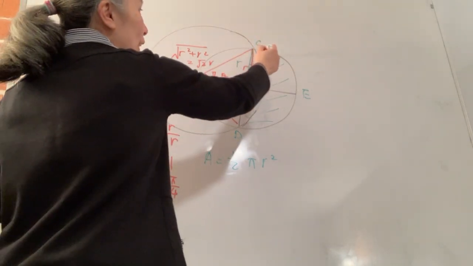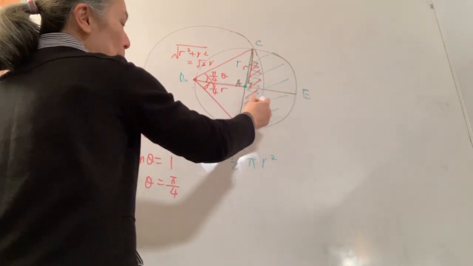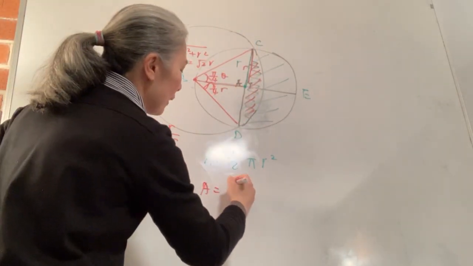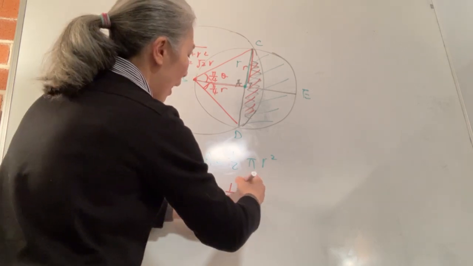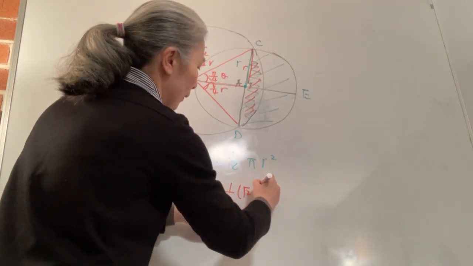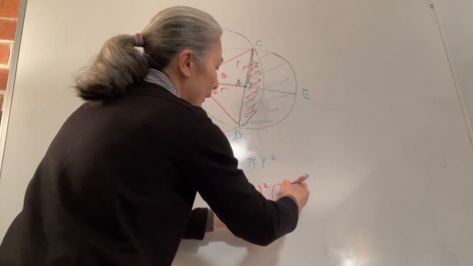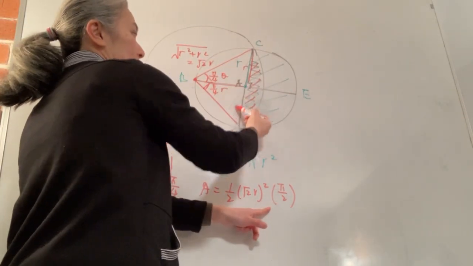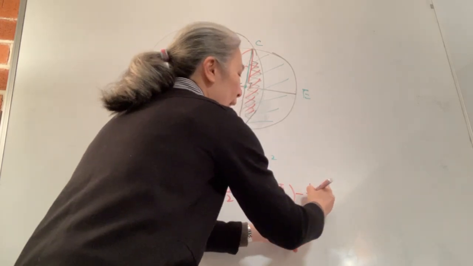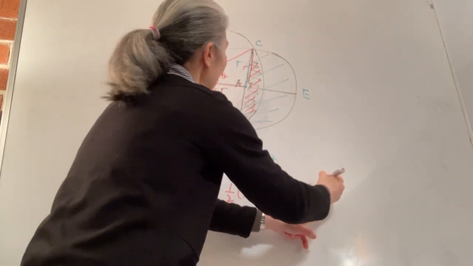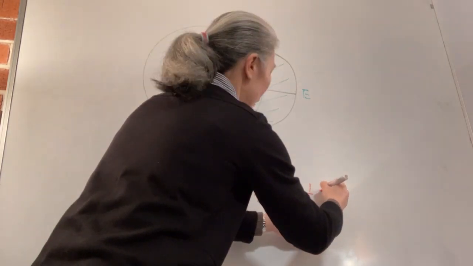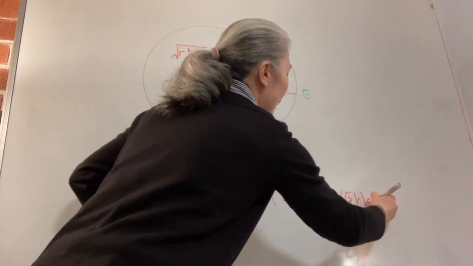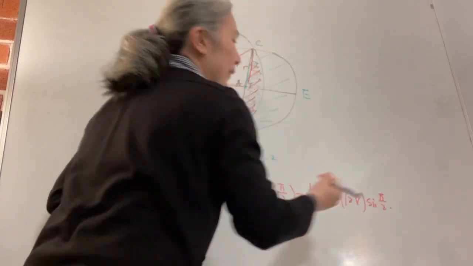To find the shaded area, this black part is going to be the area of the sector, which is a half r squared theta, this whole thing, minus the area of the triangle, a half AB, which is root 2R, sine pi on 2.